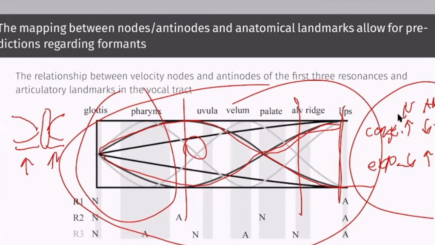And this is F3, this is F2, this is F1. So what happened to produce this formant transition, this change in formants? Where was that consonant produced?